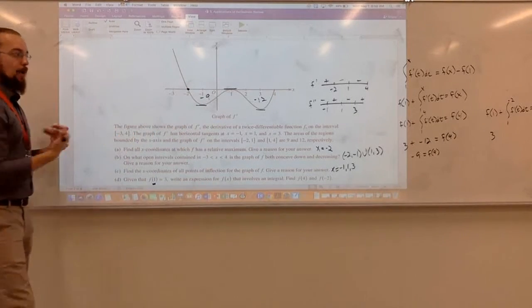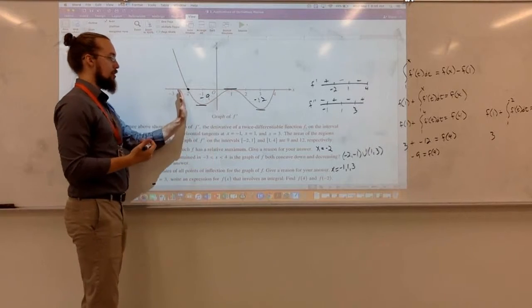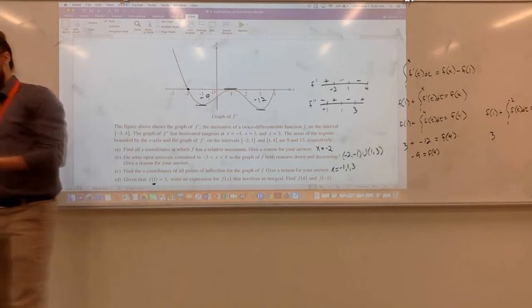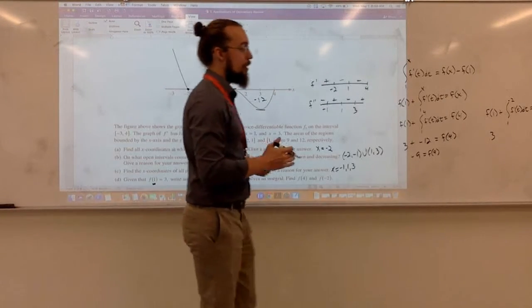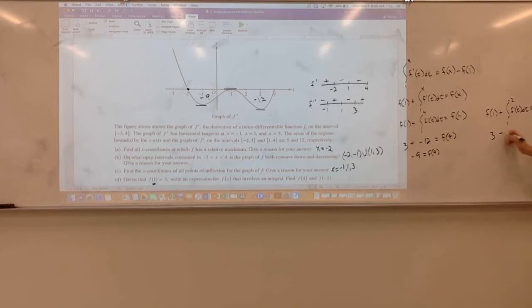But I'm going backwards. If I'm starting on the right and going to the left, starting at 1 and going to negative 2, we would have to make that negative again. So this would actually be a double negative, which means 3 minus negative 9 is 12.